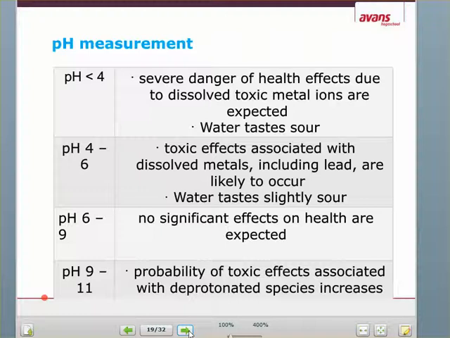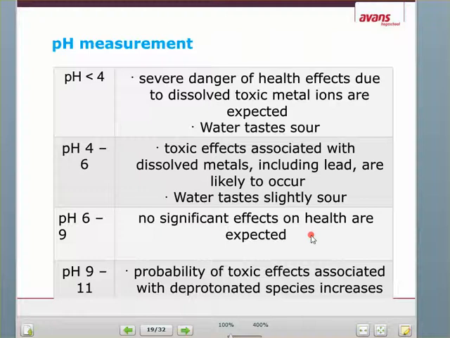So if the soil is acidic, the water will become also acidic. However, if it's lower than 4, it's going to taste pretty bad because of toxic metals and ions in the water. Between 4 and 6, it may also have dissolved metals, but not necessarily as bad. Between 6 and 9, no significant effects on health are expected.